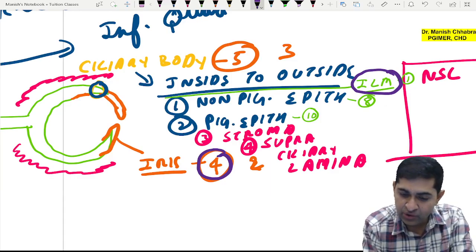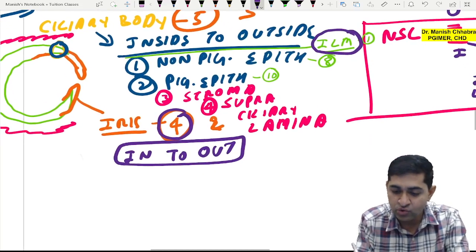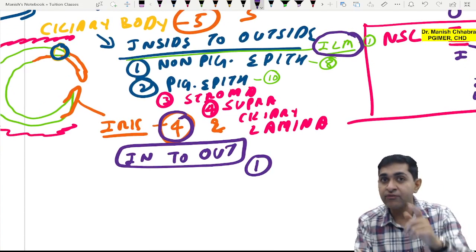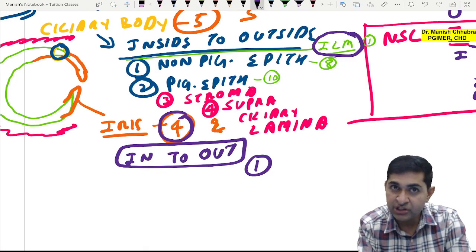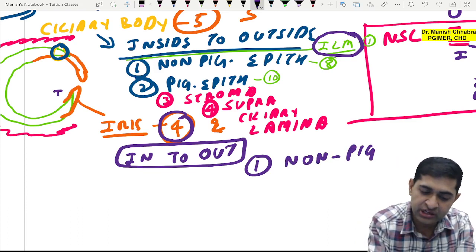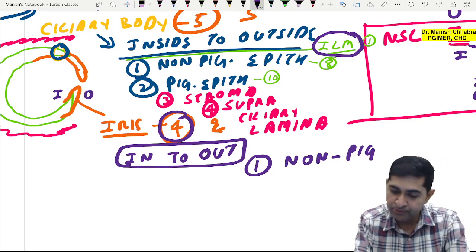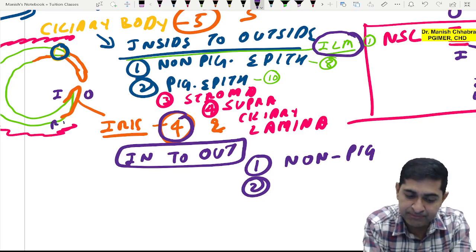Again, from inside to outside, from in to out, was the innermost layer pigmented or non-pigmented? The innermost layer was non-pigmented. Now let's write non-pigmented, because this is innermost, and this is outer. Outermost was pigmented, this was the retinal pigment epithelium.